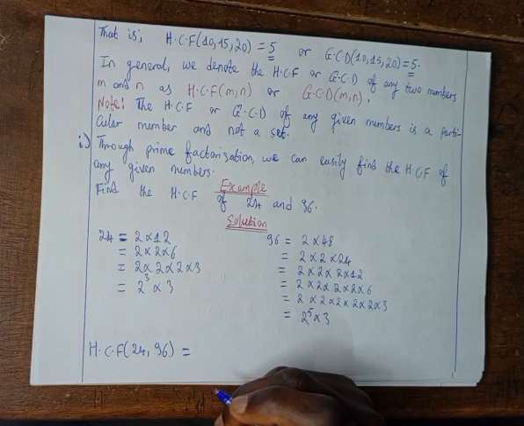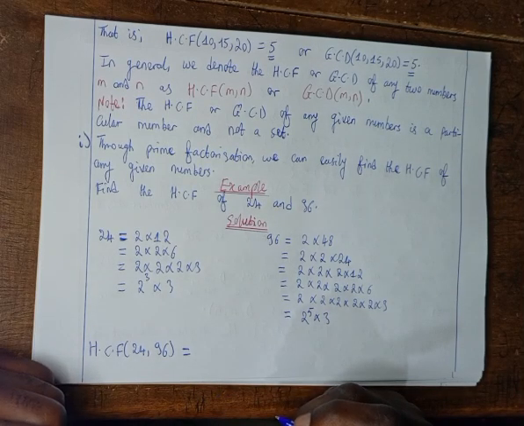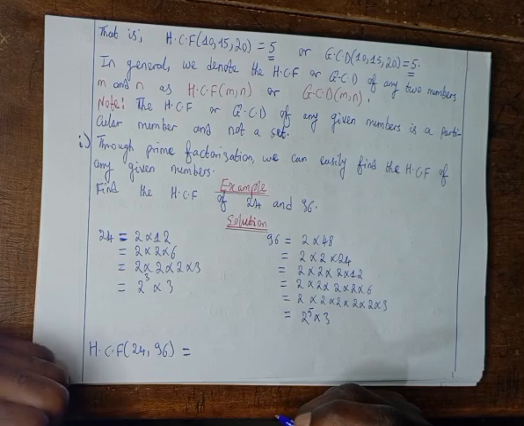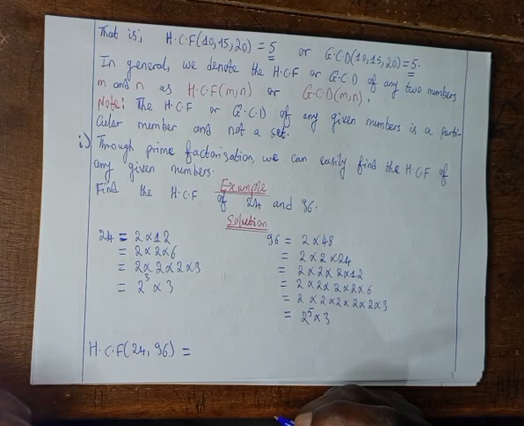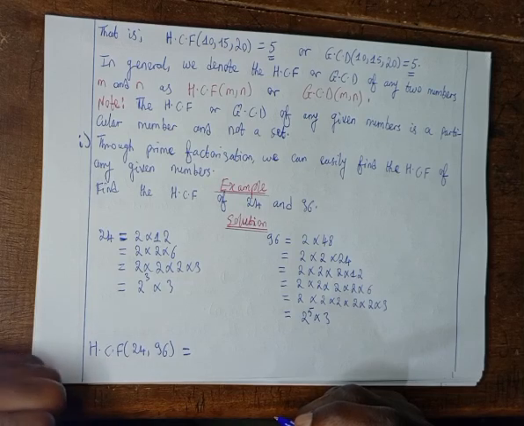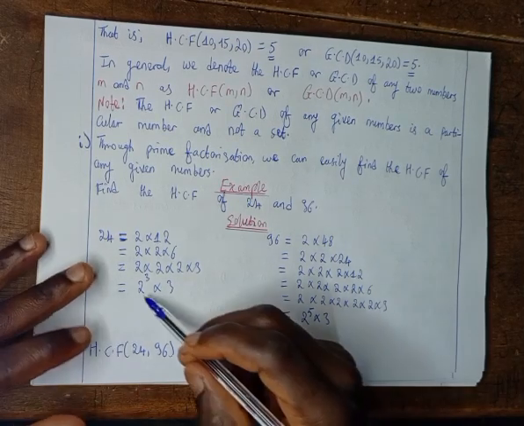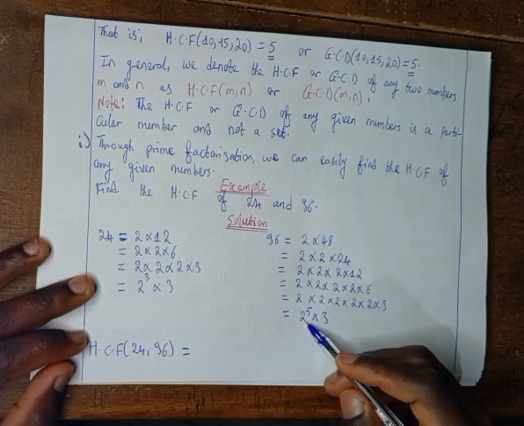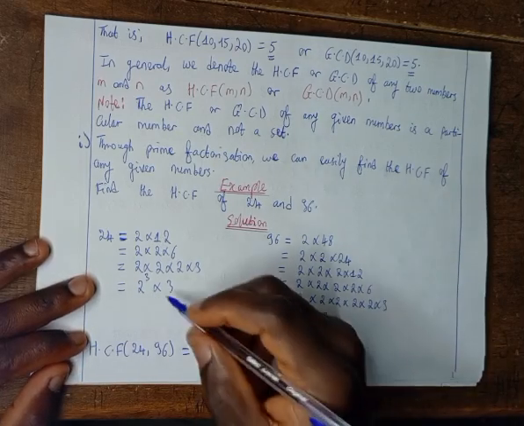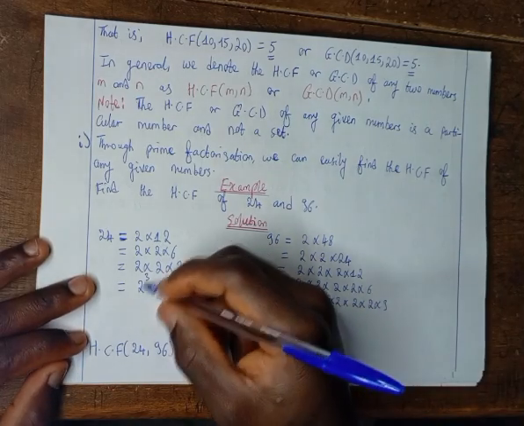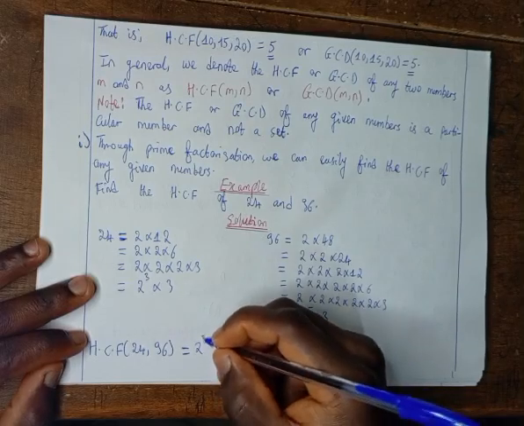We are going to write down the common prime factors with the smallest powers. You can see 2 is common. So we are going to write down 2 with the smallest power. It is 2 to the power 3.